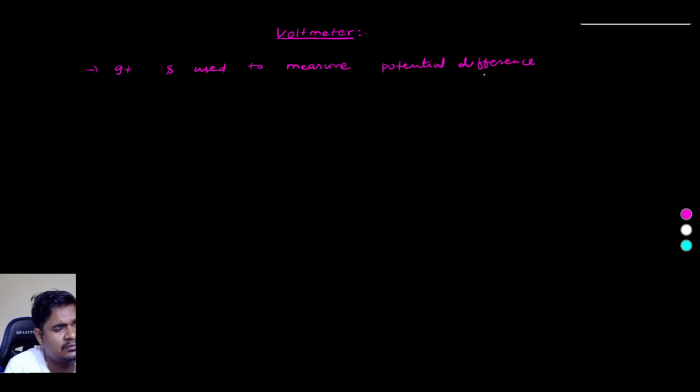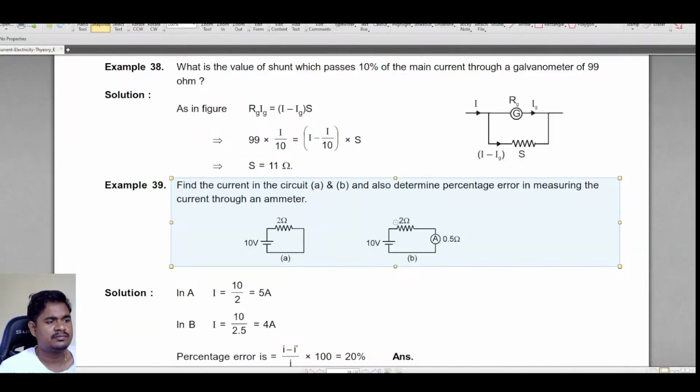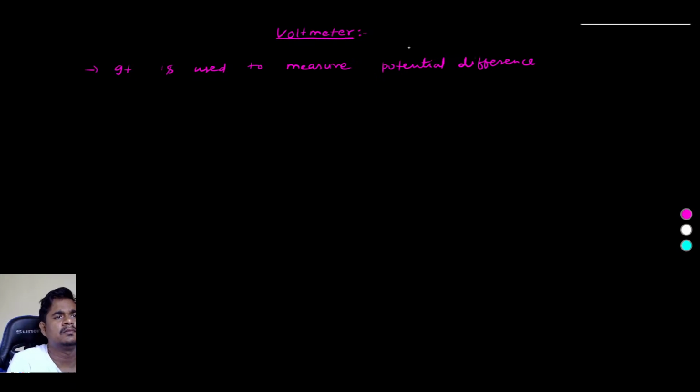So basically, how does a voltmeter work? A voltmeter is used to measure potential difference across two points of the circuit.